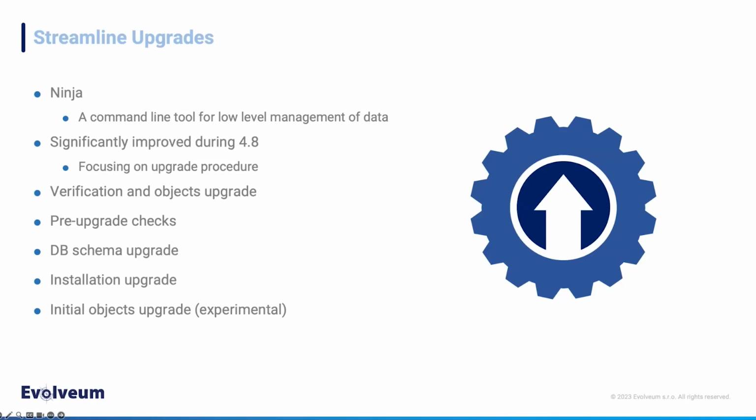Having a tool such as Ninja might come in handy in such situations. During the MidPoint 4.8 development, we extended Ninja with new functionality with the aim to simplify the upgrade process for MidPoint. The improvements were also backported to the 4.4.6 and 4.7.2 releases.